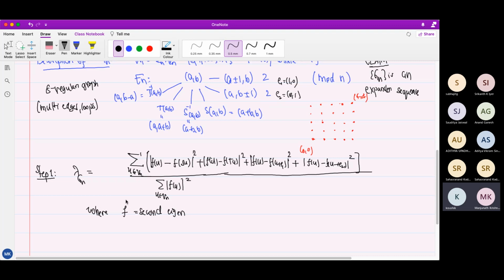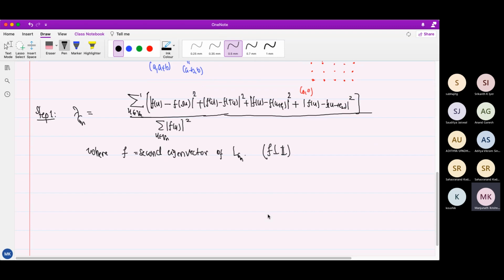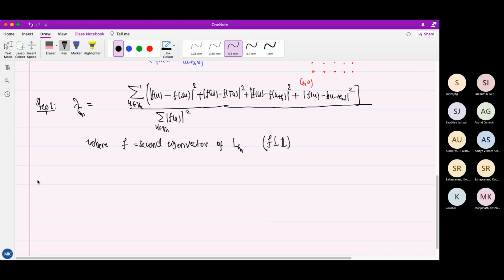You're right. When I had written the infimum, I should have said it is not over all f, but over f orthogonal to the first one. So I'm now writing f is the second eigenvector of L of G_n. So f is going to be orthogonal to the first one. That is understood.